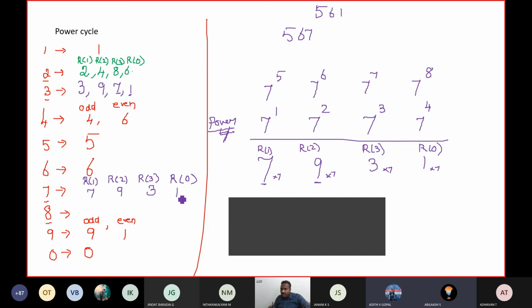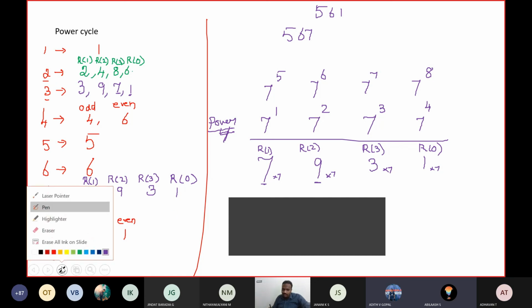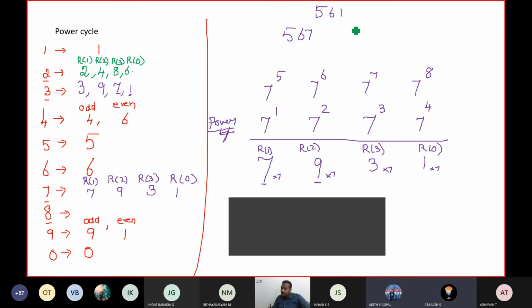Last digit is 1 or the remainder is 1? Oh, the remainder is 1 and the last digit is 7. Very good. So just take the last 2 digits, 61 divided by 4. The remainder is going to be 1. If the remainder is 1, the last digit is 7. Super.